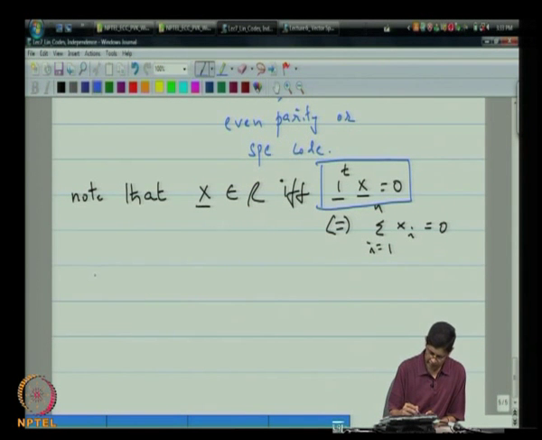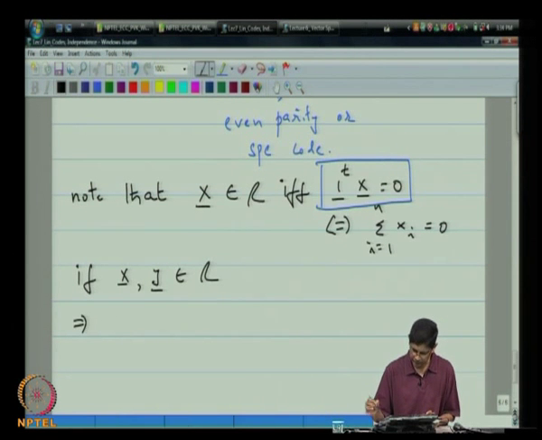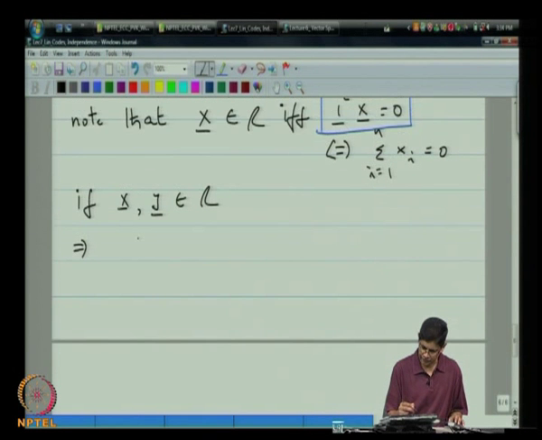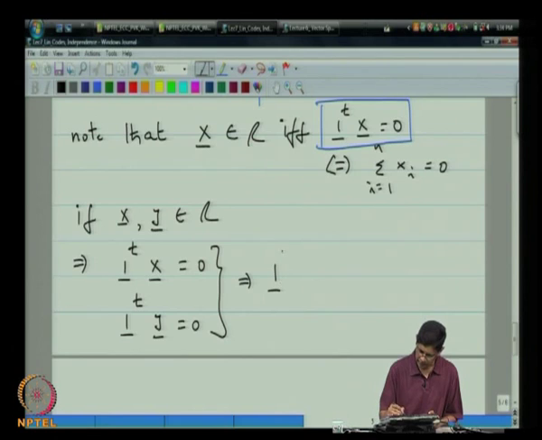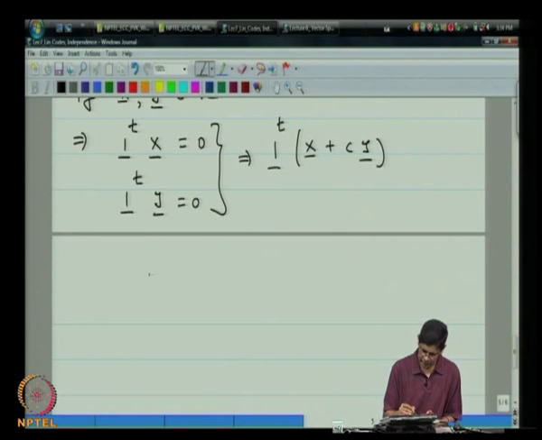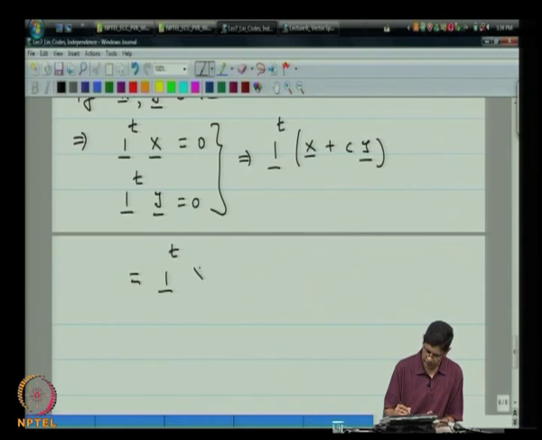And so, now if X and Y belong to C, then that implies that 1 transpose X is equal to 0, 1 transpose Y is equal to 0, but together these imply that 1 transpose of X plus CY is equal to 1 transpose X plus C times 1 transpose Y, and now you know that individually these two terms are 0.